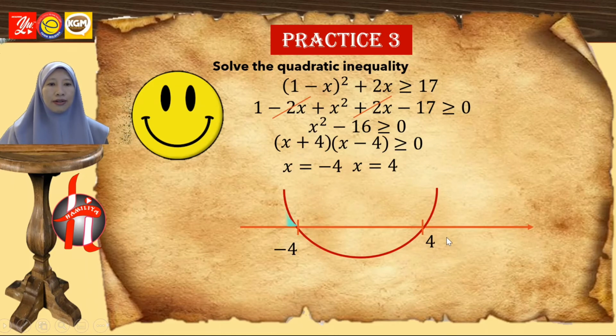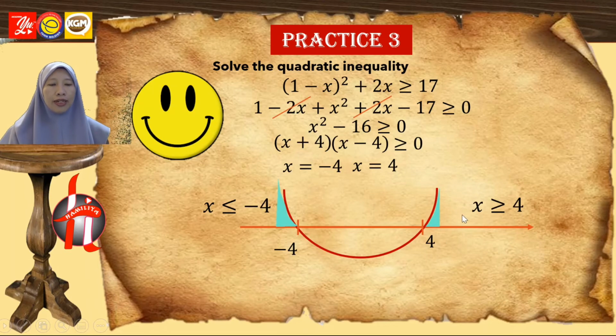So they are here, it's above the x-axis, and the corresponding range of x is less than or equal to -4. X can be -4, -5, -6, and so on. And also over here, above the x-axis, x is greater than or equal to 4.